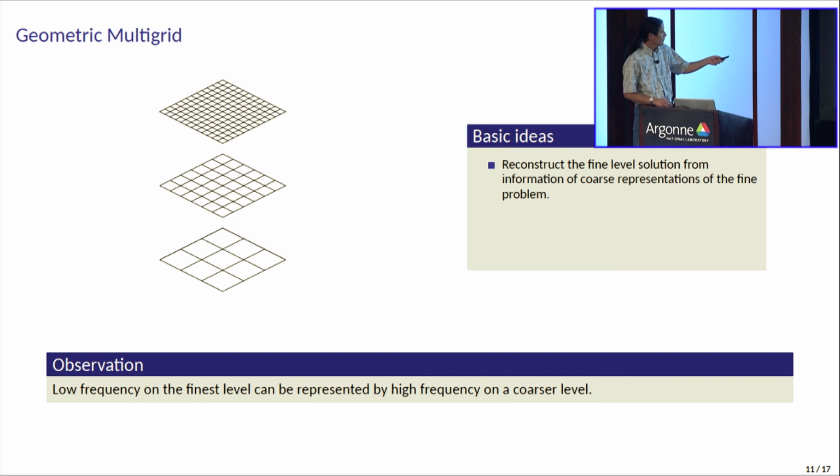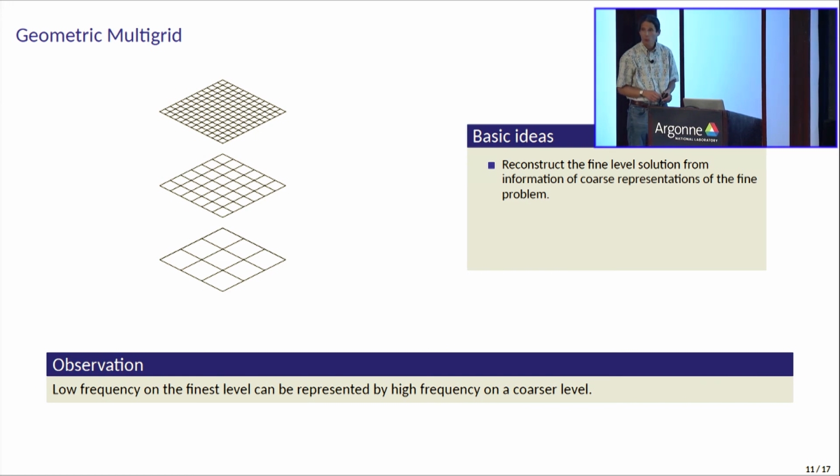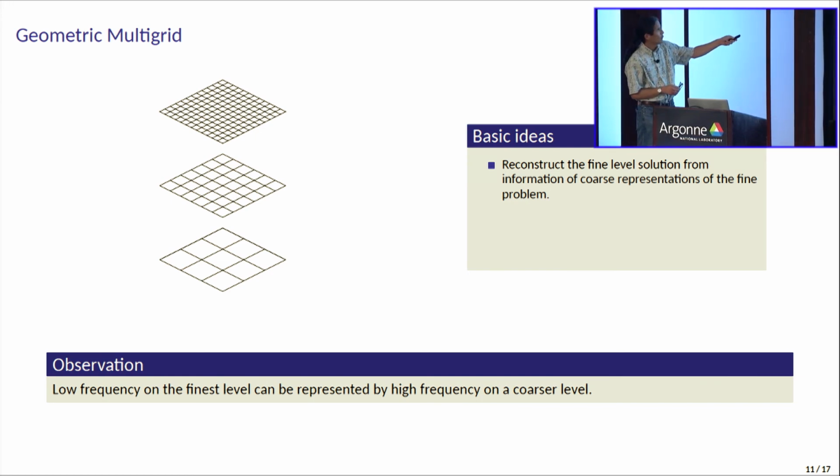From what we just saw, if you run a smoother here, it's going to damp out high frequency error very quickly, and it's going to be left with what appears to be low frequency error. If we can transfer that in the appropriate way, then via aliasing, what looked low frequency here will appear high frequency here. We can run smoothers, and that smoother will damp out the high frequency error, leaving low frequency.